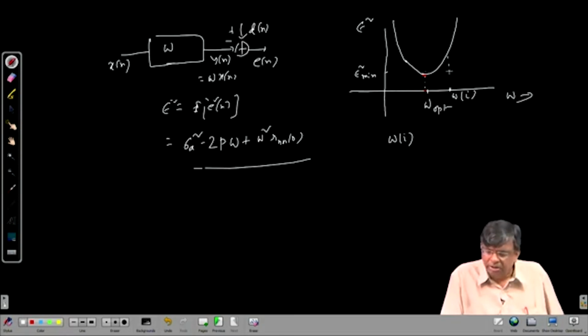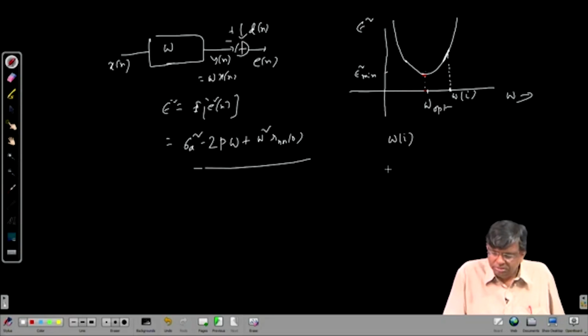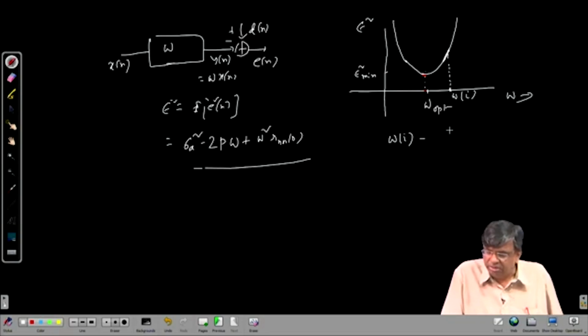What I do then, I find out the value of epsilon square at w i and see the gradient at that point. And from this, I subtract, I will explain, I first take the derivative.